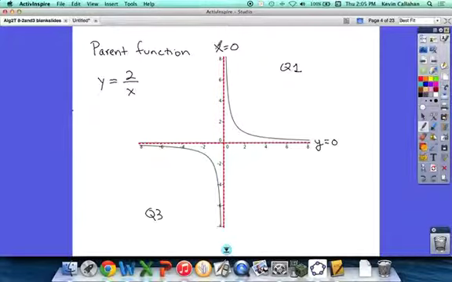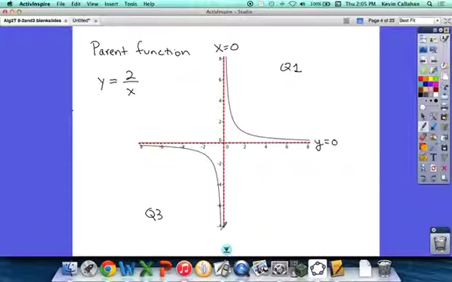The equation for that is x equals 0. So the graph will never touch that line. It'll veer toward it, but never touch, which means it has to go to positive infinity or negative infinity, right? And it'll just get infinitely close.